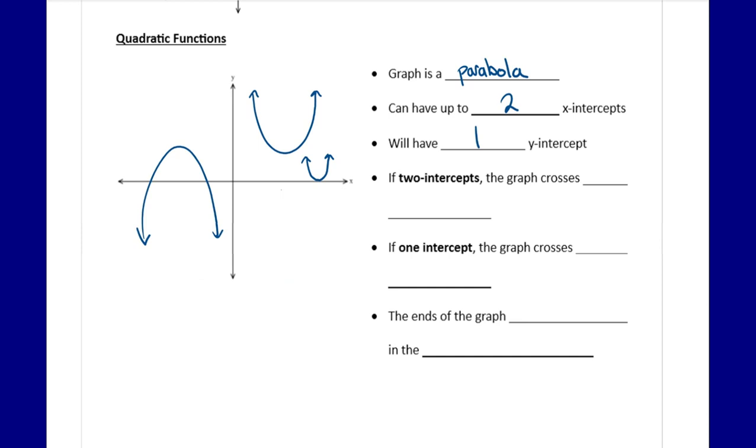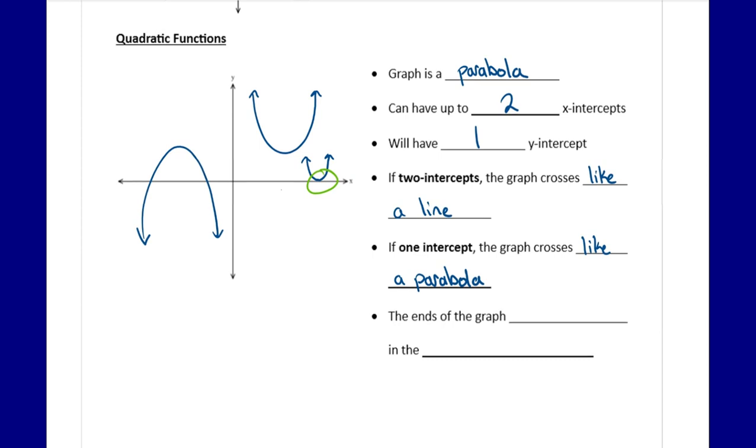If we have two x-intercepts, the graph crosses like a line. We can see here it crosses like a line. If there is one x-intercept, the graph crosses like a parabola, which we see here.